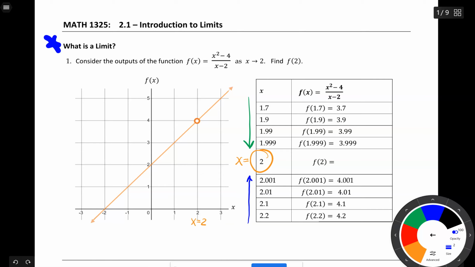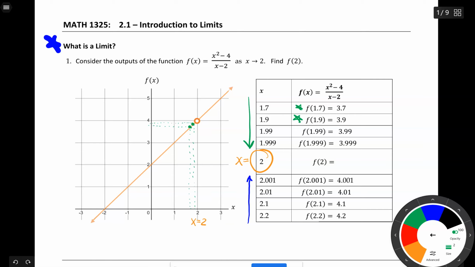So when I plugged 1.7 into the function, so 1.7 is like right here somewhere, the height came out to be 3.7. And then when I put 1.9 into the function, so I got even closer to 2, the height was 3.9.